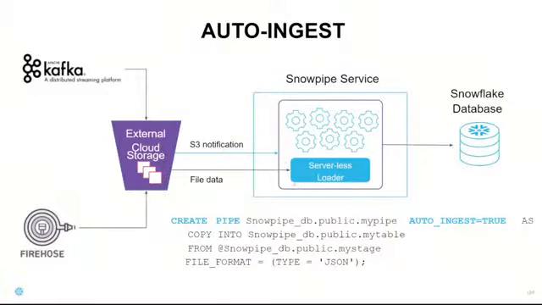And Snowpipe will automatically create an SQS channel in which the notification is going to come, and then Snowflake will automatically run this Snowpipe because you will set auto ingest equal to true, and then as part of the serverless approach, this will load the files from this external cloud storage to your databases. This is how we will leverage the auto ingest in a Snowpipe to continuously ingest the data from our external source to a table inside Snowflake.